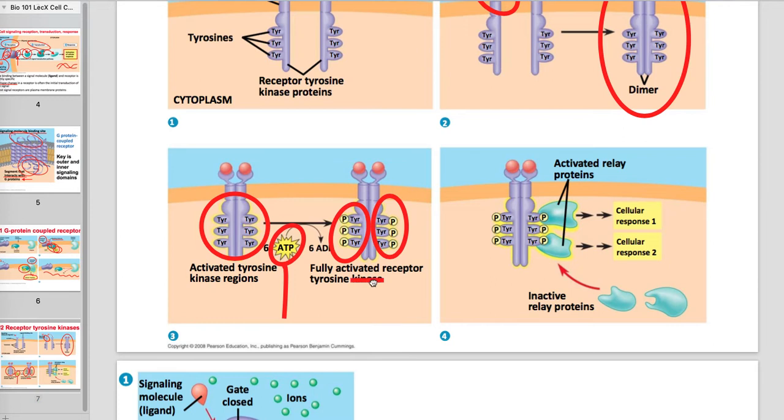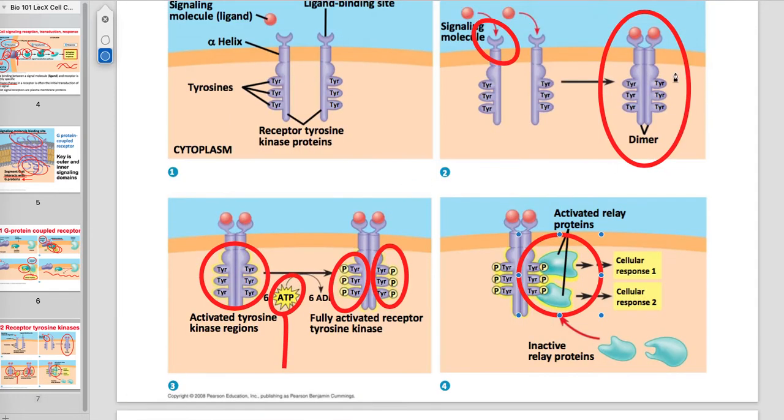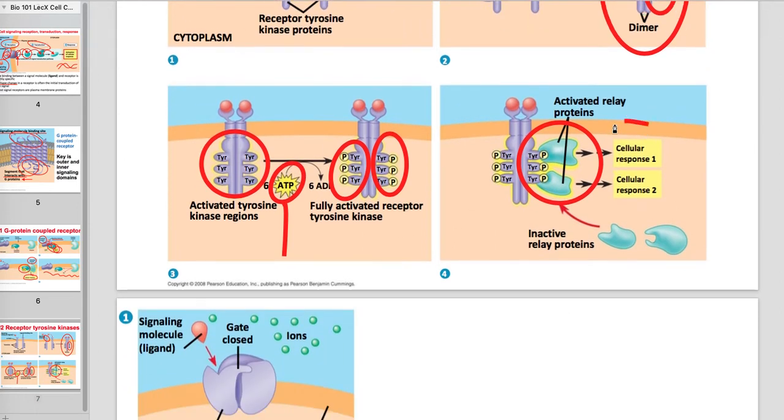It's not necessarily an expenditure of energy so much as a changing of a shape that allows it to turn on. Once you have these phosphate groups here, the activated relay proteins can now bind. None of the relays or the cascades can start. They can't bind to any of these blank tyrosines, even if the dimer is there. So if you don't have the enzyme that's putting on ATP phosphates here, you won't have a response. These start the relay that ends with a cellular response.